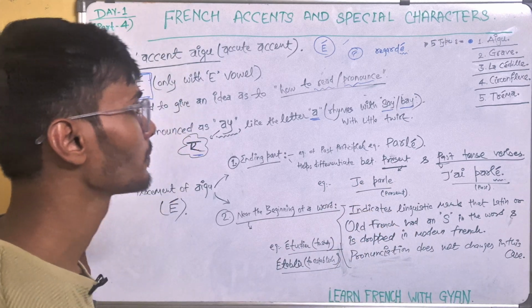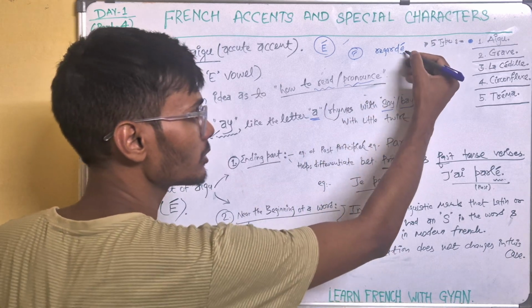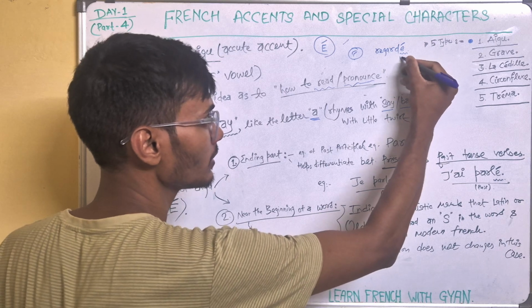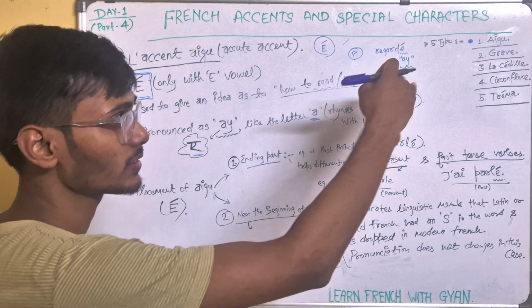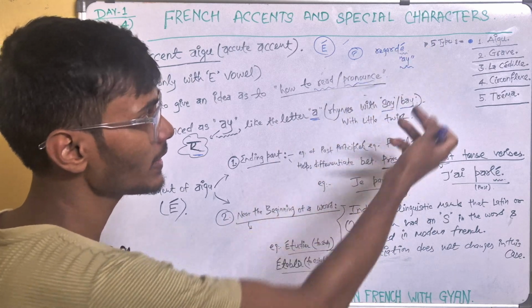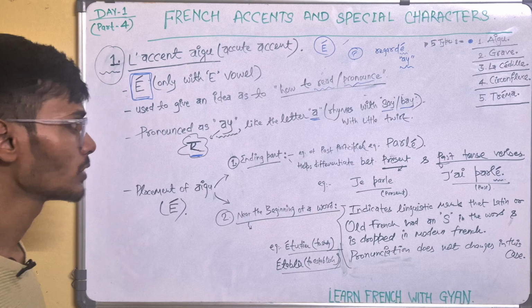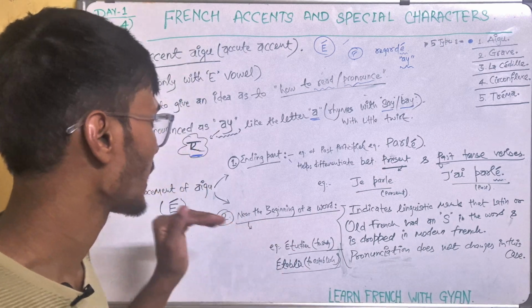So this accent is pronounced as 'ay' at the end. This is the phonetic sound that you see here in regardé. So this is the rule of pronunciation for this accent aigu.